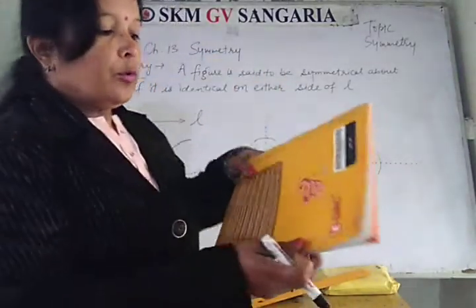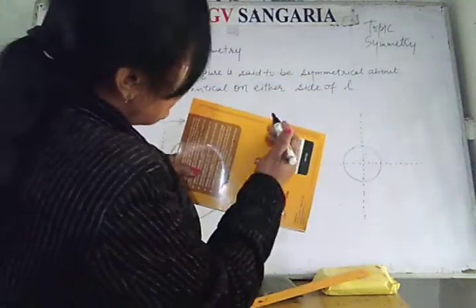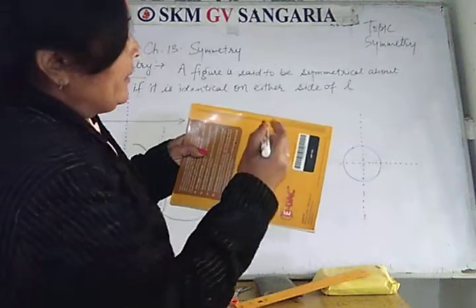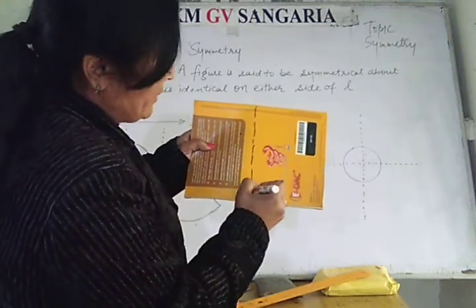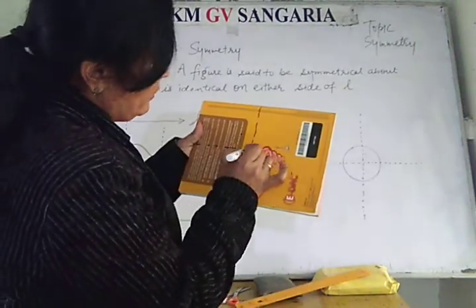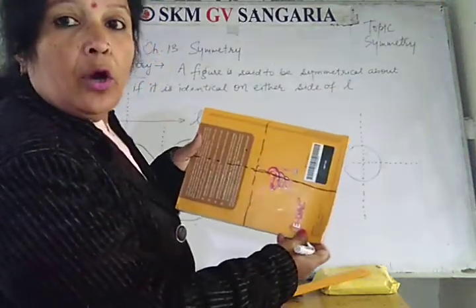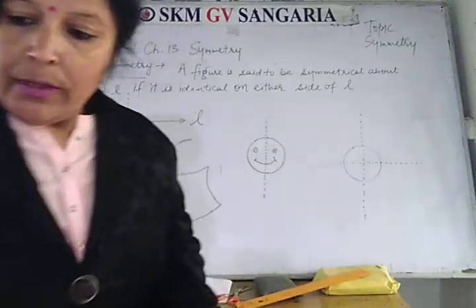Okay. This is rectangular. Let's see, this is a cuboid, but its top is rectangular. When you draw the line in this way, this is a vertical line of symmetry. And when you draw the line in this way, this will also divide this top into two equal parts. Okay.